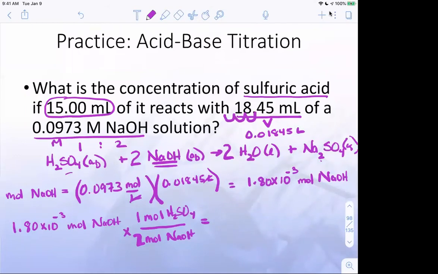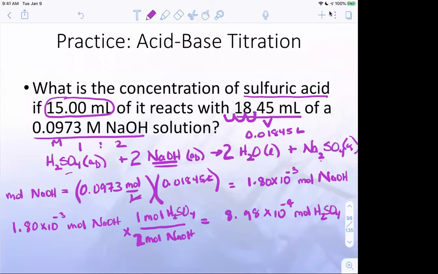So this is going to give me moles of H2SO4. I take my moles and I divide by 2, and I get 8.98 times 10 to the minus 4th moles of H2SO4.